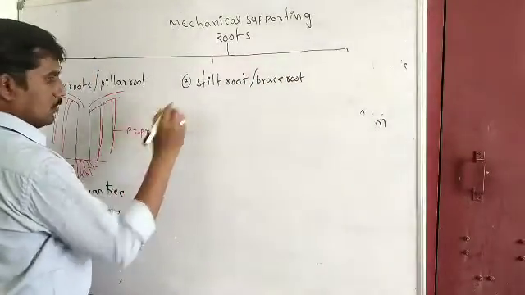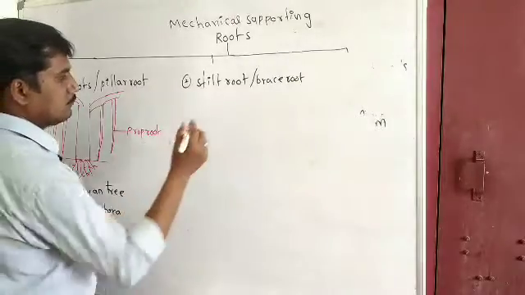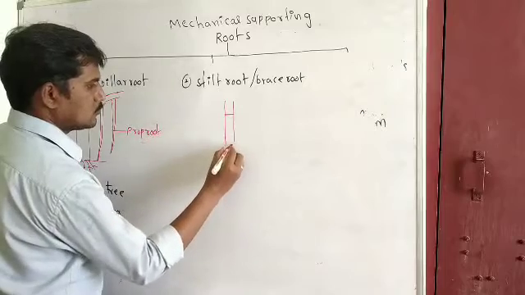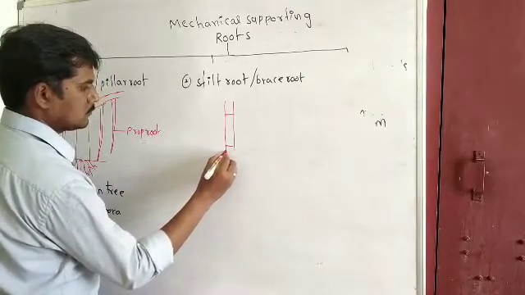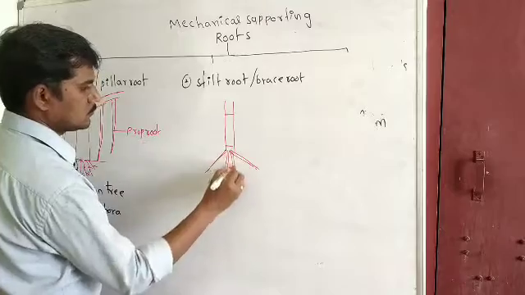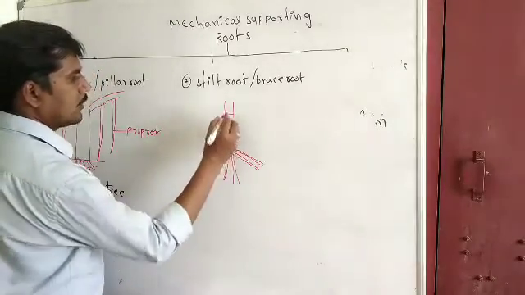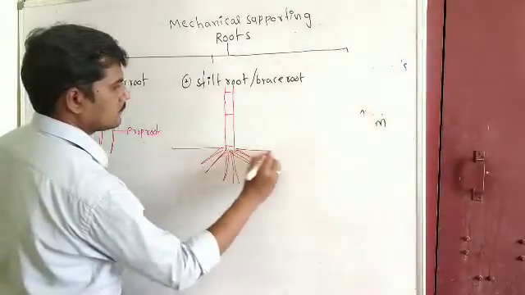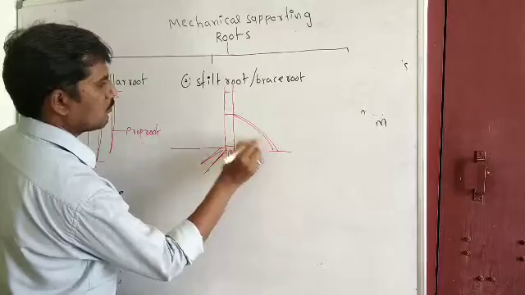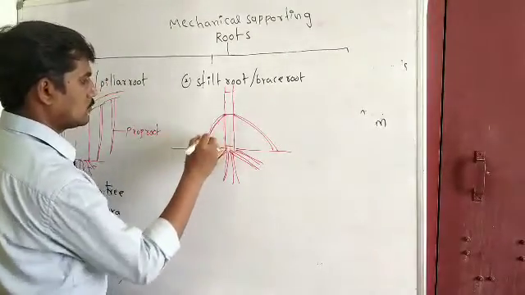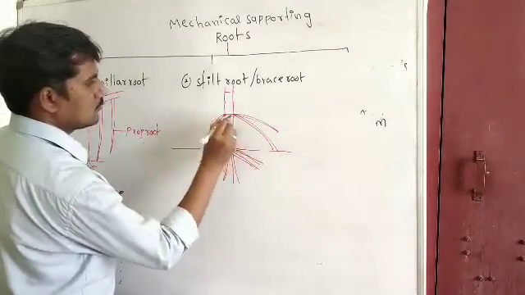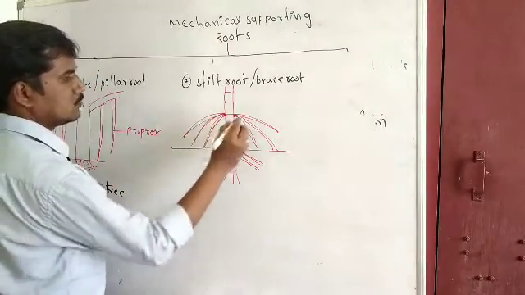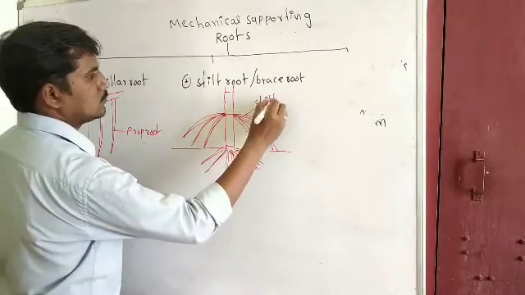Stilt roots are normally seen in sugarcane, maize, sorghum, pandanus. This is the soil. They also provide mechanical support. So this root we call stilt roots.